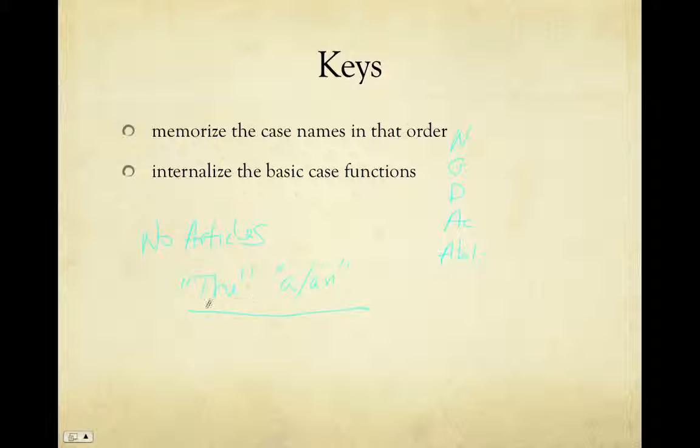So when you're translating, you have to provide these articles if they're necessary in English. This is actually a generally good thing to keep in mind when dealing with Latin: Latin does not equal English. There are things that Latin does that English doesn't, and there are things that English does that Latin doesn't. They're just two different languages.